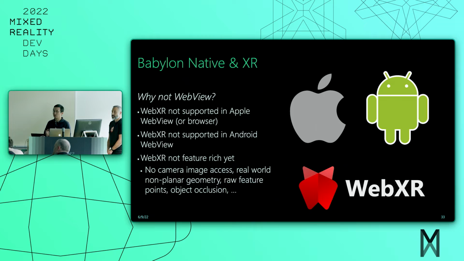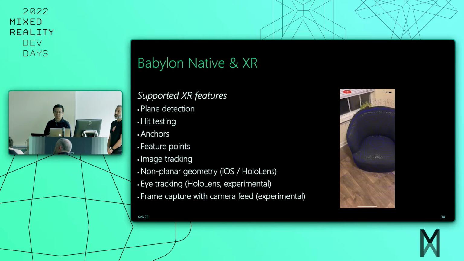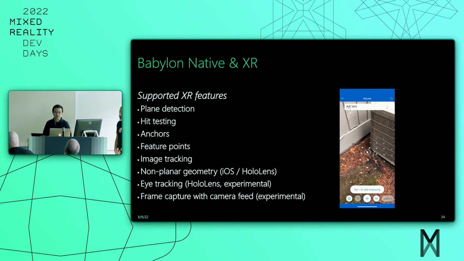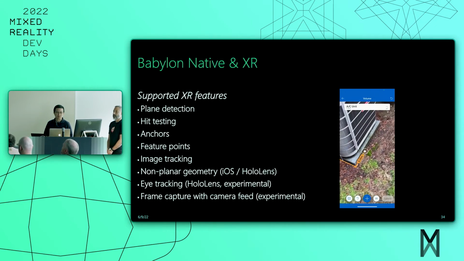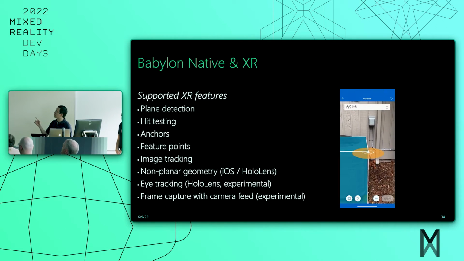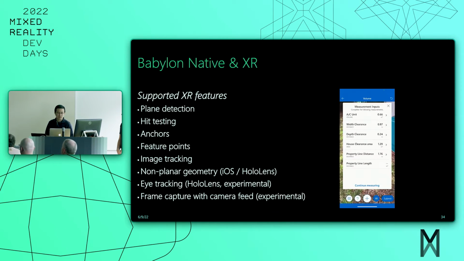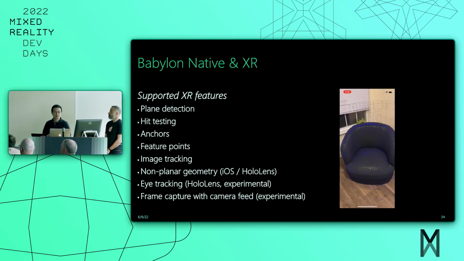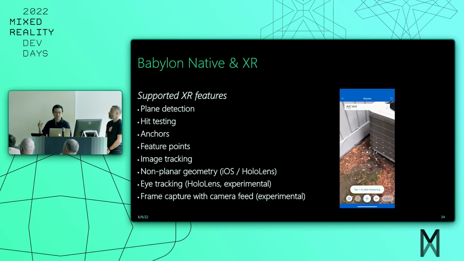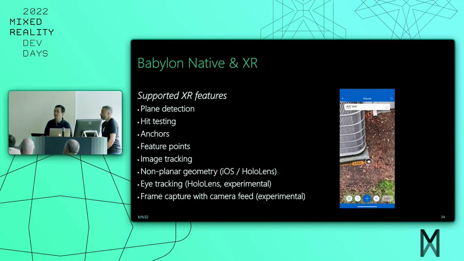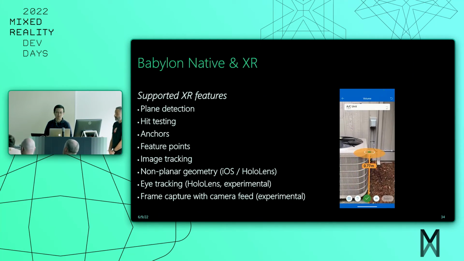So here's a list of things that we do currently support, and this list is growing as we experiment and implement things. For example, in this video, this is a Power Apps thing using Babylon Native, Babylon React Native specifically. You see plane detection, hit testing with measurements, and a very short video of non-planar geometry on iOS, which is also experimental on HoloLens.